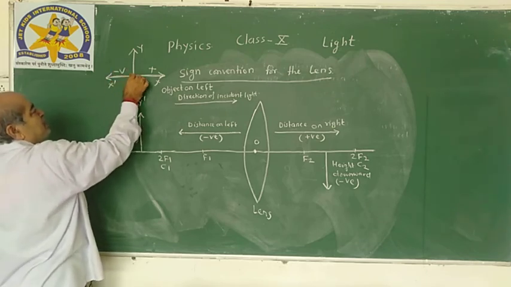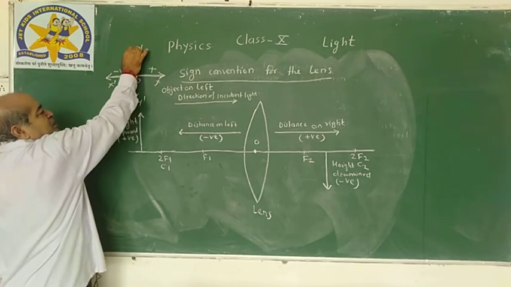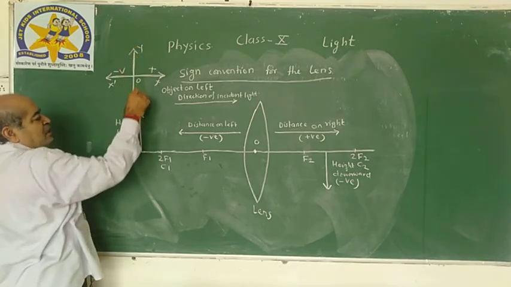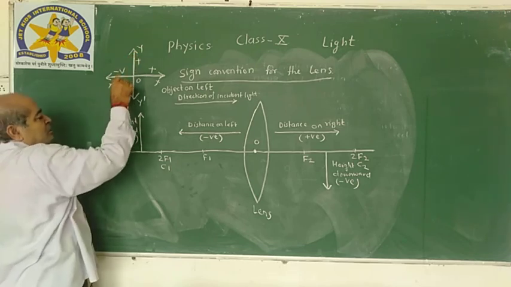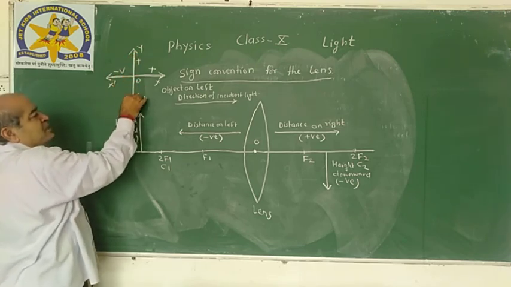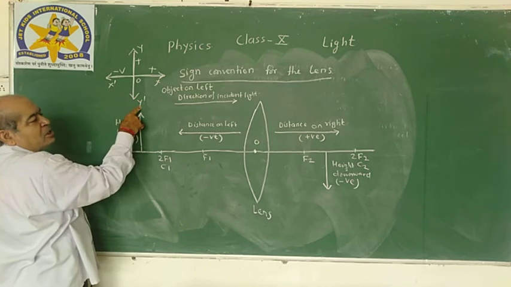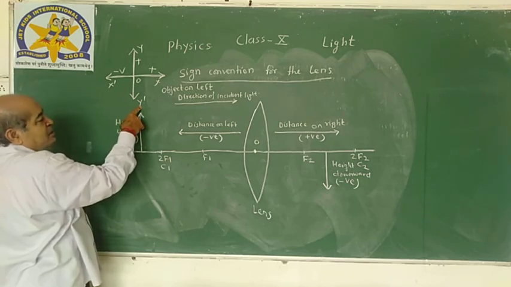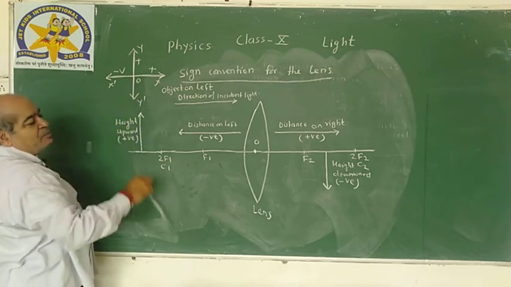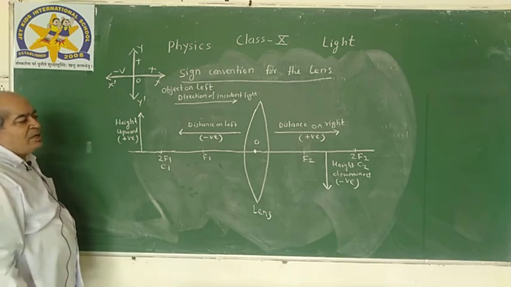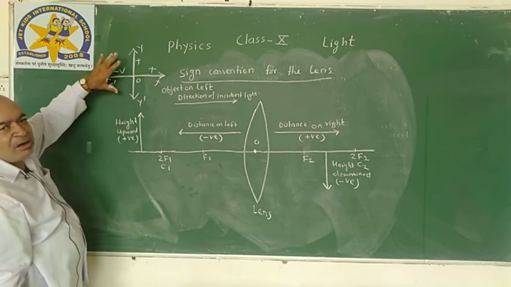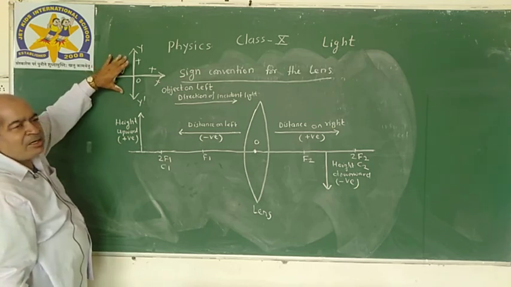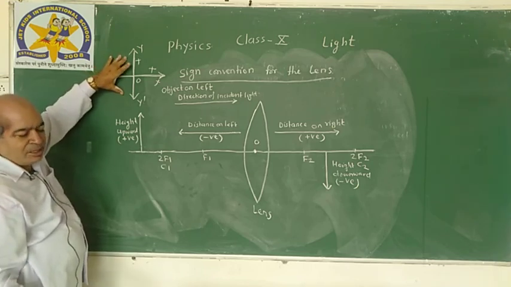OY is the positive direction of the y-axis, hence height upward is taken as positive, and OY dash is the negative direction of the y-axis, hence height below the principal axis is taken as negative. It is based on the Cartesian coordinate system in mathematics.